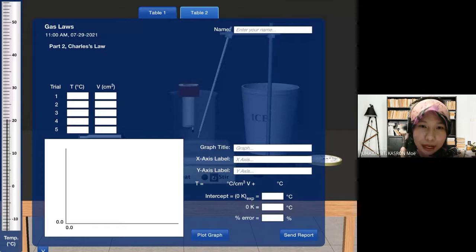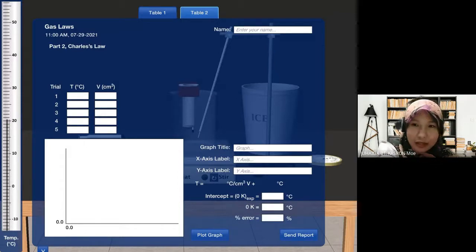Alright, so draw the table with two columns, temperature in degrees Celsius and the volume. The volume will be on the y-axis, and the temperature will be on the x-axis. The temperatures that you want to measure are 20 degrees Celsius, 25, 30, 35, and 40 degrees Celsius.